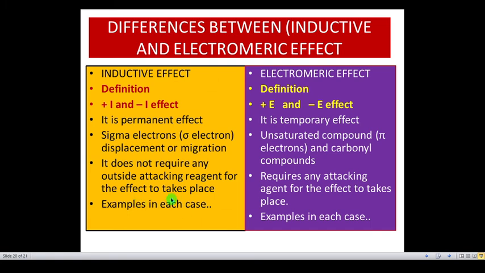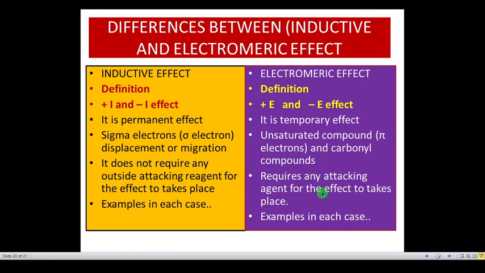In both cases, as mentioned in previous slides, you can give examples of positive E effect and negative E effect. As a whole, what I am summarizing here is that the electromeric effect takes place as a temporary effect only in unsaturated compounds.